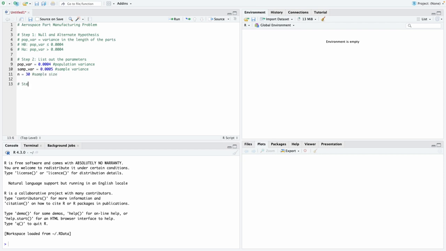All right, so we have that there. Our step 3 is to compute the test statistic. Because we're dealing with variance, we use the chi-squared test. So this is going to be our equation.